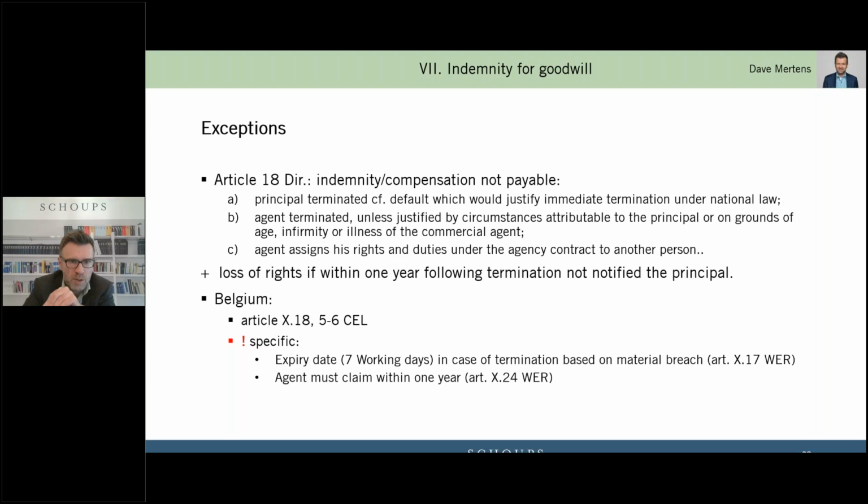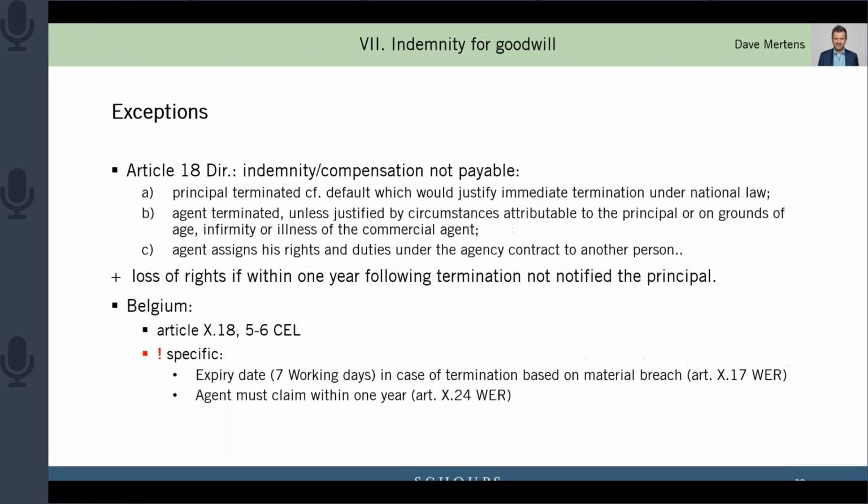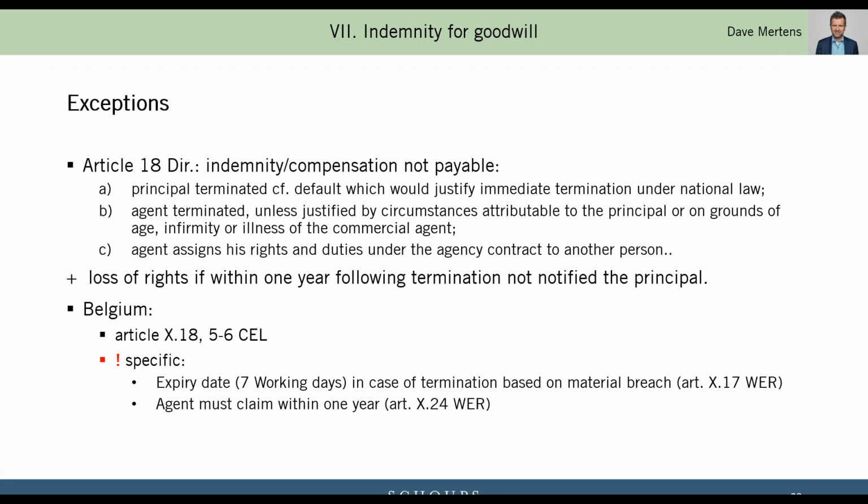And in addition, 7 working days after you terminate because of this material breach, you have to motivate why you have terminated, and you have to put every motivation, every reason in there. You cannot afterwards invoke additional reasons to justify after the fact, which implies obviously before you decide to shoot, you need to be damn sure that your case is strong enough.